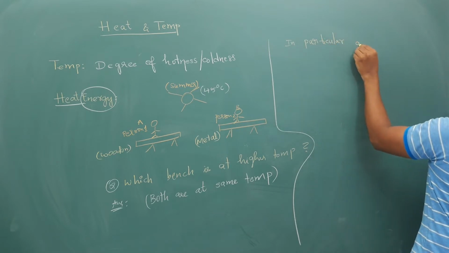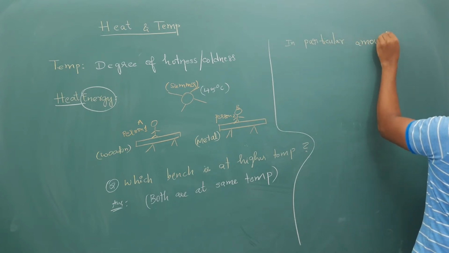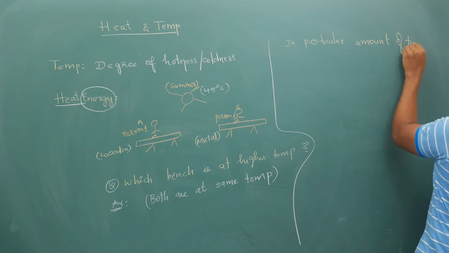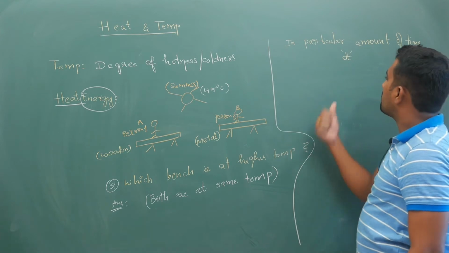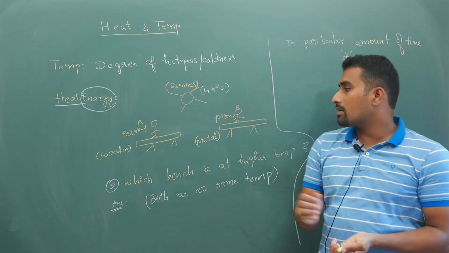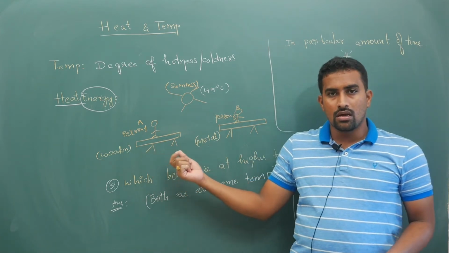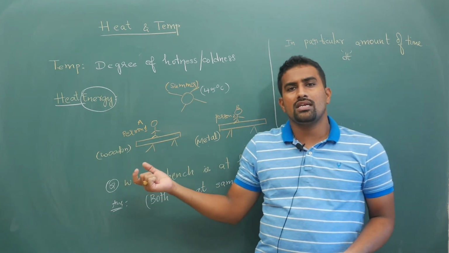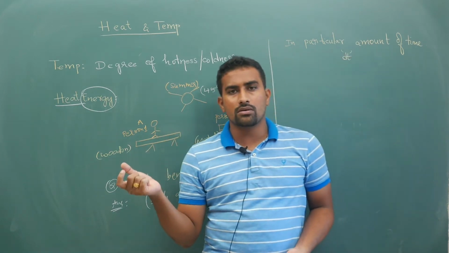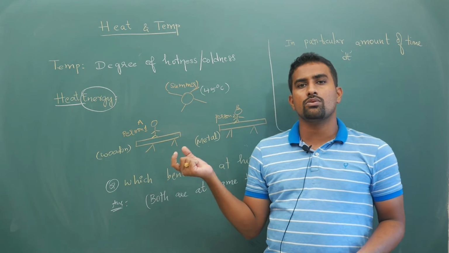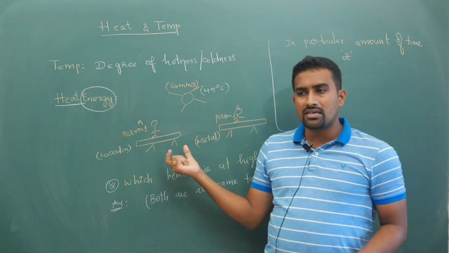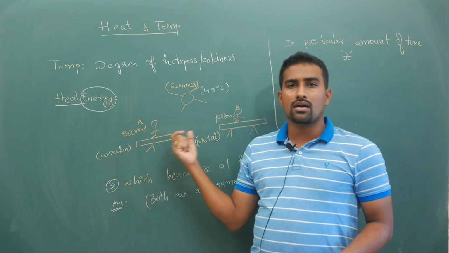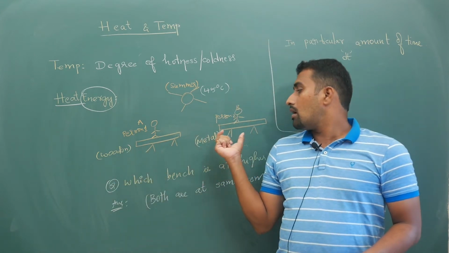In a particular amount of time dt, where dt means small time, there is one more term that you are supposed to understand, that is what is known as conductivity. This conductivity is different for wood, and different for metal.